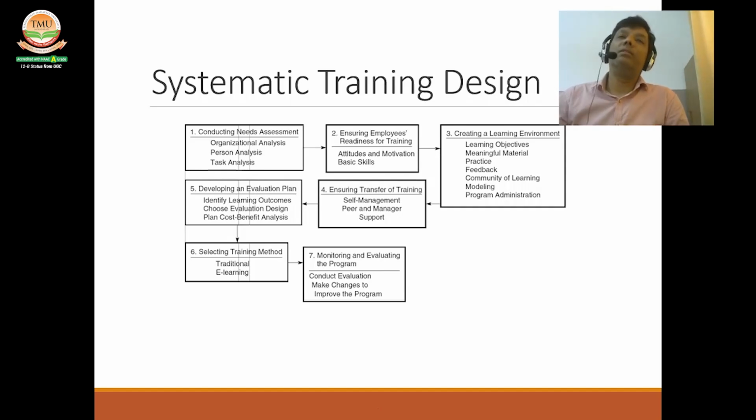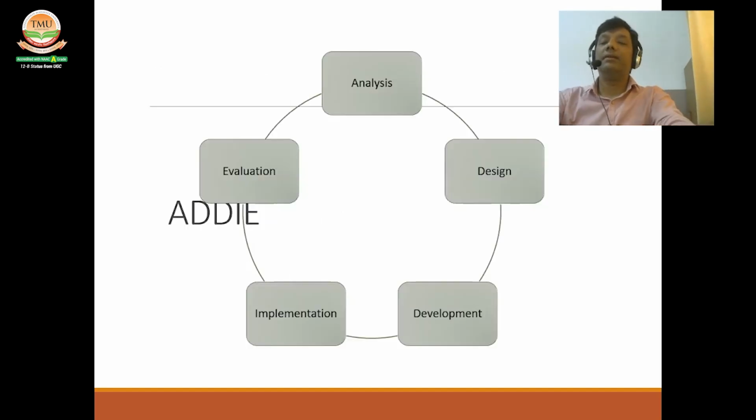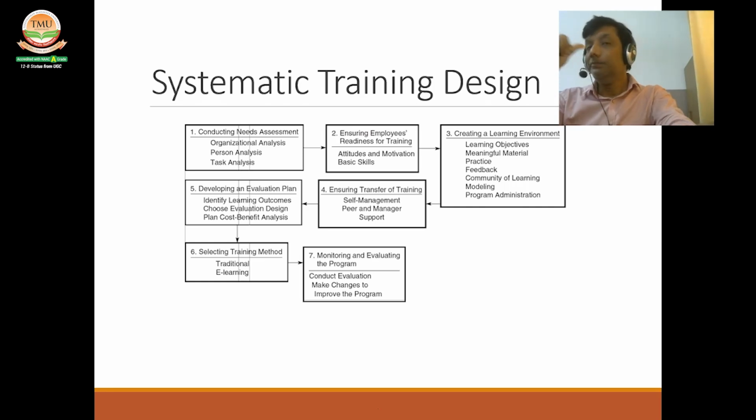So this is what systematic training design is: how you can go for systematic, properly arranged training sessions, because providing training sessions is not enough. How systematic they are, and whether they are organized as per the need and requirement of the organization, of the workforce, of the task or job required, matters.